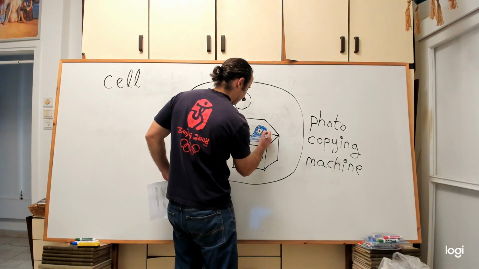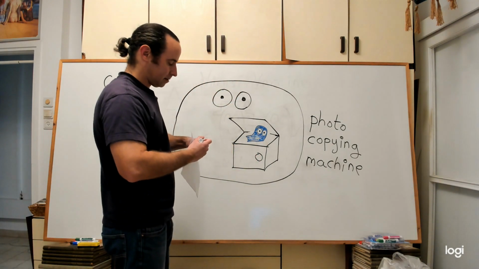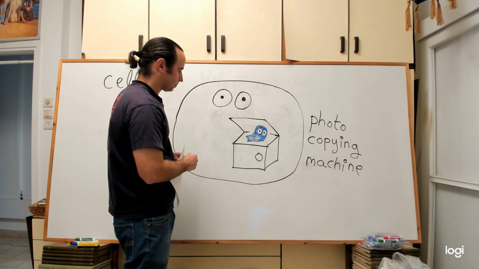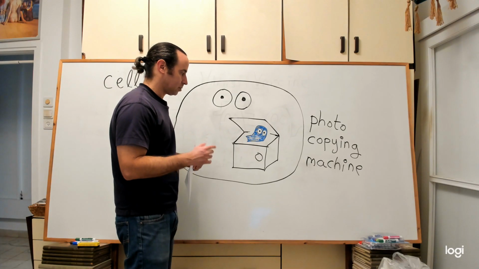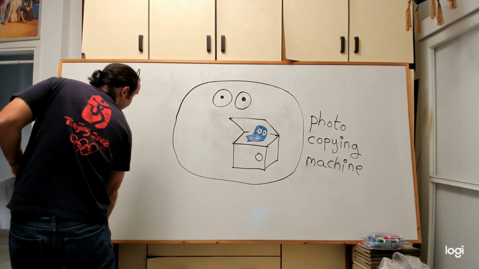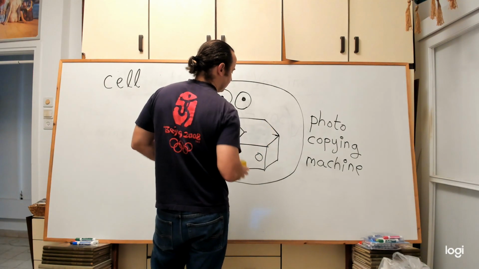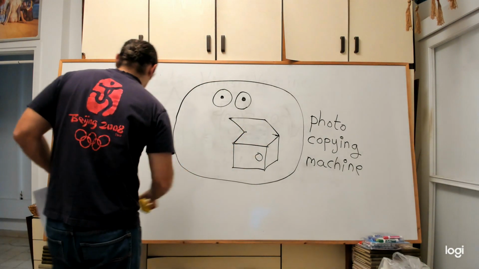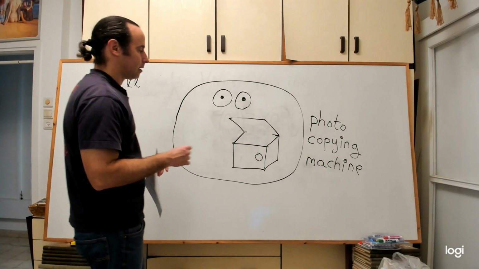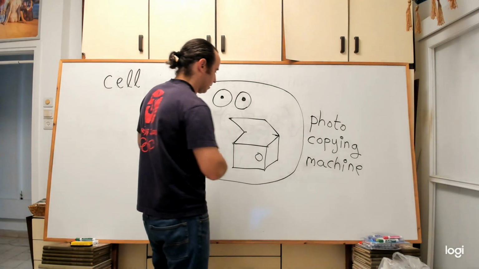Okay, maybe I'll do it not in colors but in shapes. Let's say, like before, the ones that are rectangles are the dangerous ones, the lethal virus.